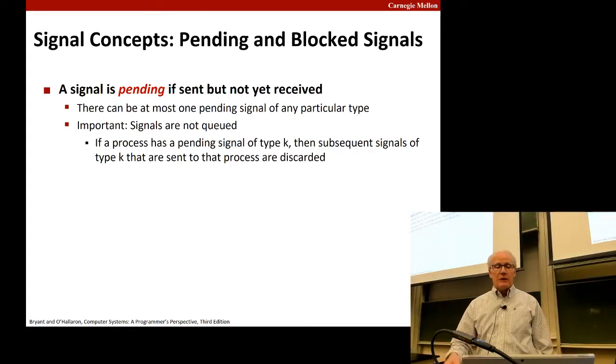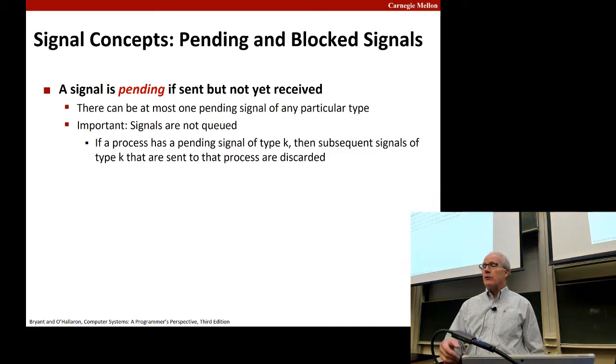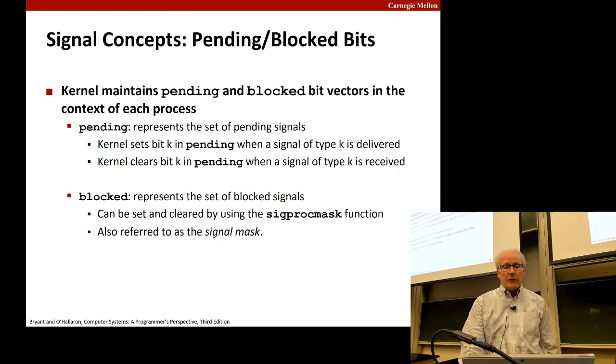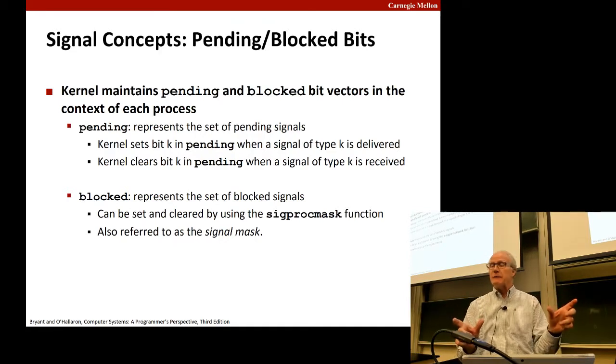So if multiple signals get sent before they can be handled, they don't queue up. It's also possible to block certain signals. In general, the kernel for each process maintains these 2 bit fields: one is the set of pending signals, and the other is the set of blocked signals.